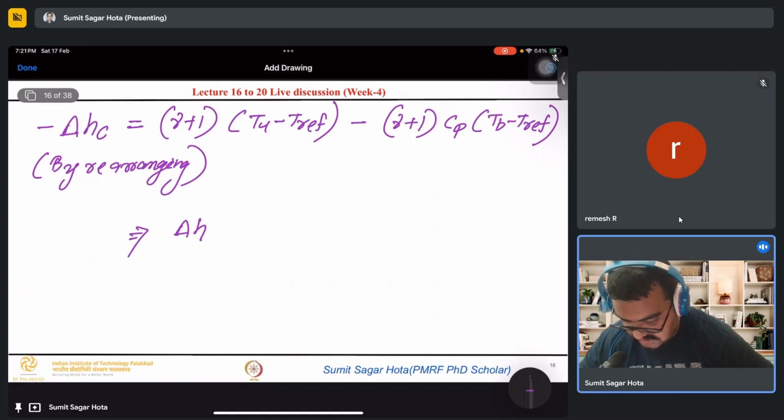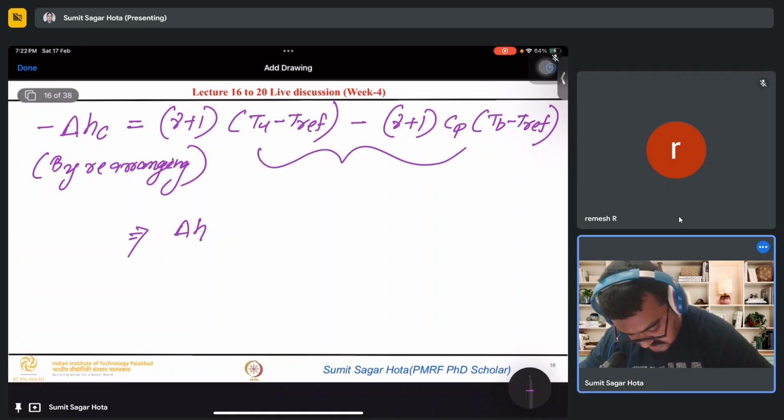Because delta HC, the enthalpy of combustion, can only be calculated at the standard temperature condition. That's the beauty of the enthalpy of combustion, delta HC. So we take all of this, you can see all the TU, TRM, all these things.